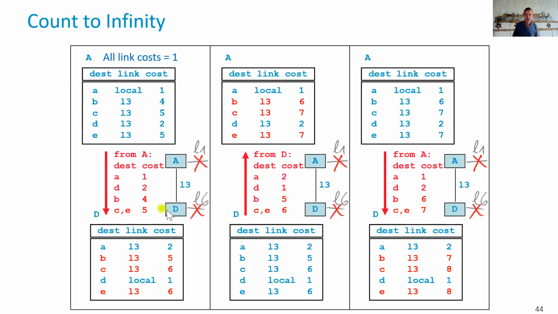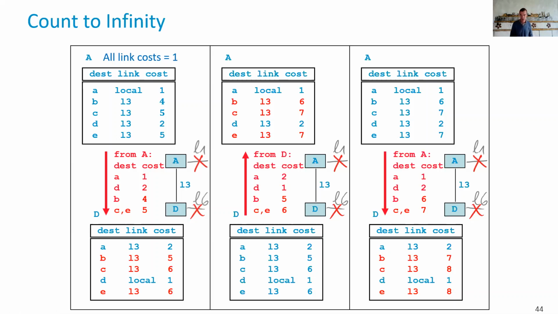So this is exactly what Bellman-Ford will do. Of course, this is what we've seen here. Of course, now D will send its information to A, which will cause A to calculate a distance of 7, which will eventually cause E to compute a distance of 8. We repeat here exactly what we saw a few minutes ago.